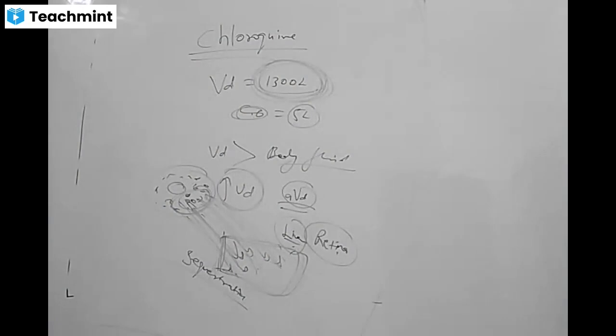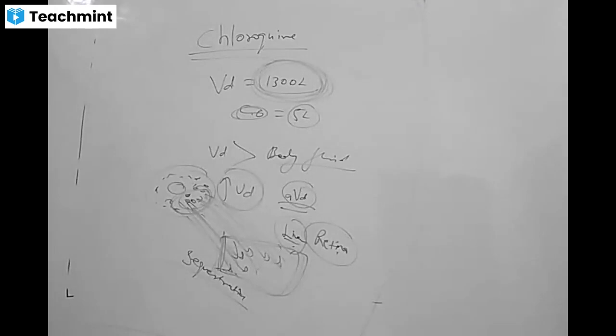Then there is one more question: drug A has apparent VD 100 liter, B has apparent volume of 5 liter. Both are given orally, which may require a loading dose? It's a simple question, VD 100 and the second having VD 5 liter, because loading dose equals plasma concentration into VD.